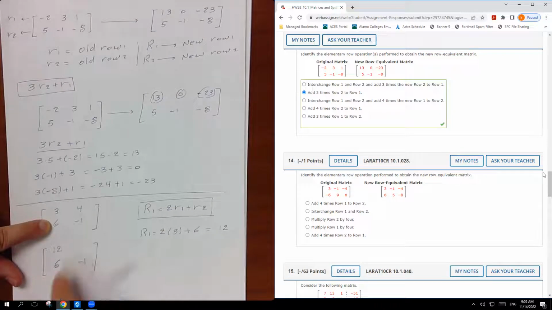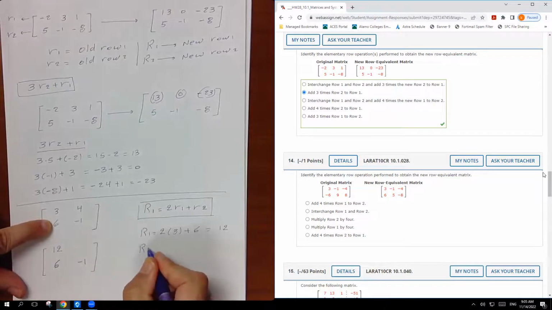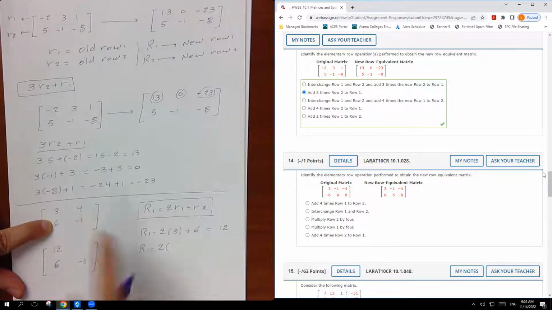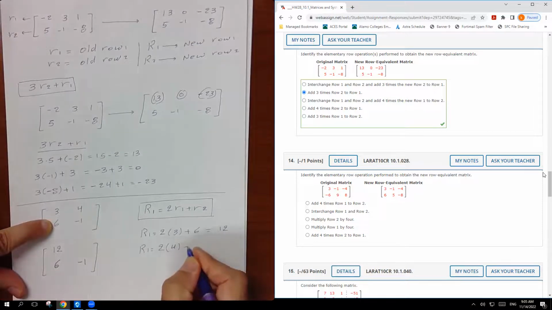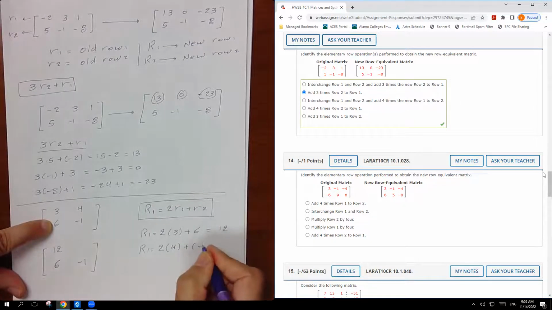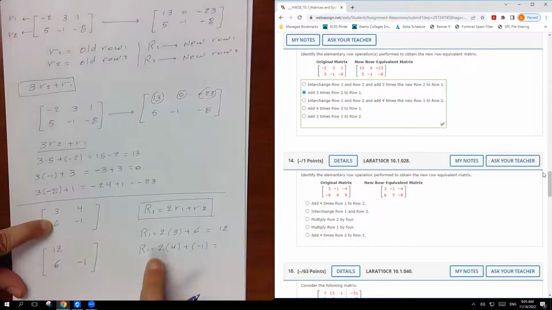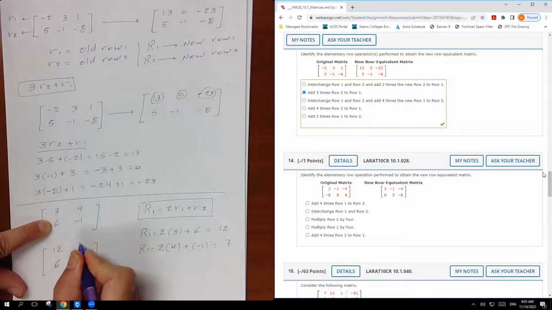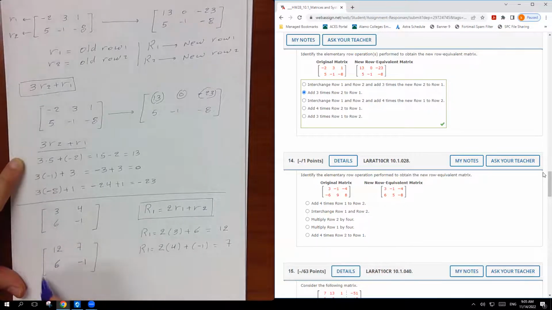Now let's check the second element. The second element is going to be 2 times R1, which is 4, plus R2, which is -1. 2 times 4 is 8, 8 minus 1 is going to be 7. So here is 7. So this is our new matrix.